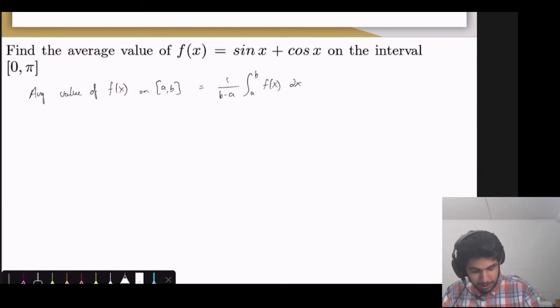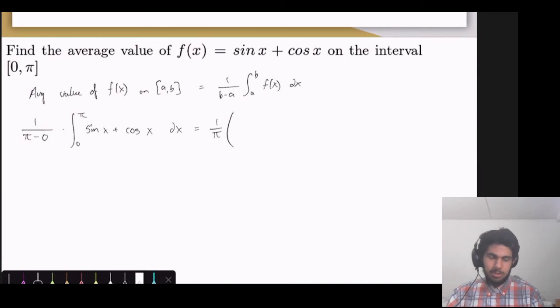So let's plug in the values given in the question. That would be 1 over, the interval is from 0 to pi, so pi minus 0, times the integral from 0 to pi of sine of x plus cosine of x dx. So that's equal to 1 over pi times that integral.